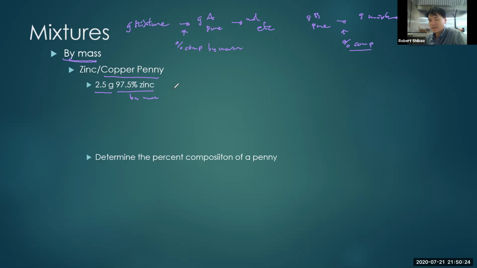Otherwise, copper is a very expensive metal, and if they made a solid copper penny, it's worth way more than what a penny's worth. And so they use something inexpensive like zinc. Old copper pennies, which were pure, weighed 3 grams. Zinc is a lot less dense, and so new copper pennies weigh only 2.5 grams.